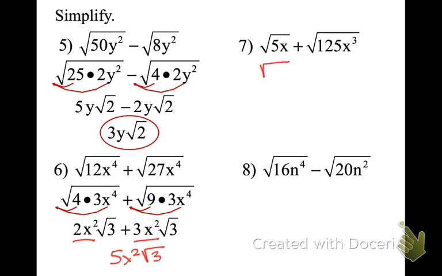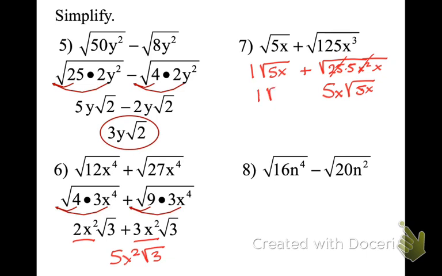So on the next one, can't break this down anymore. This is 1 rad 5x, and I'm going to do 25 times 5, and we're going to have an x squared and an x, so that becomes 5. I can pull out a 5 and I can pull out an x, and then what's left is rad 5x.